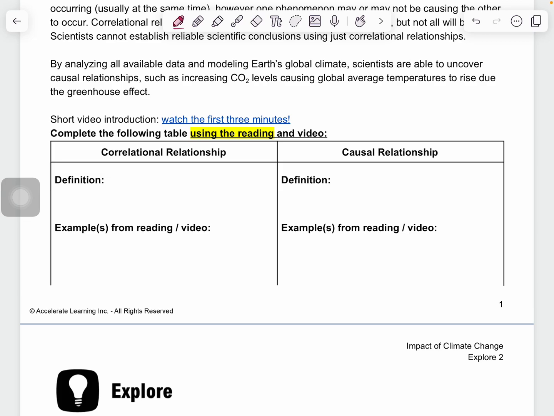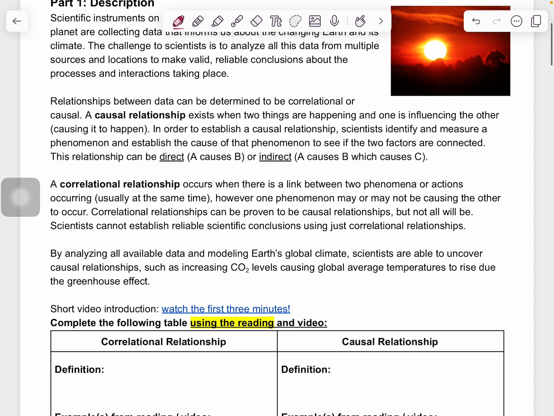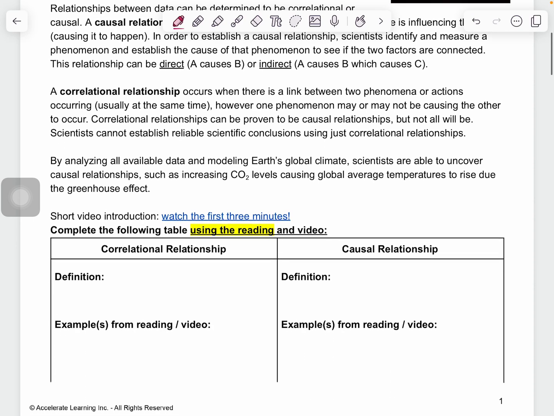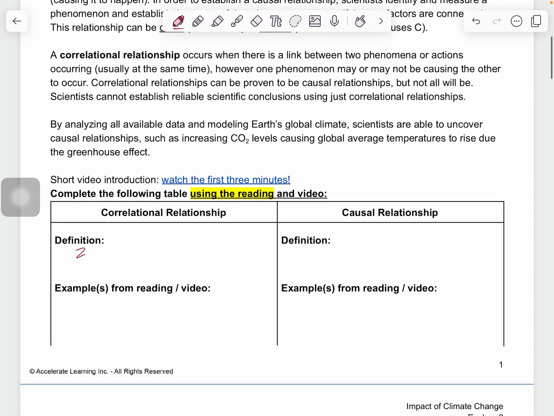Thinking about a correlational relationship, as it's described here and in our notes, what we're thinking about is two sets of data or pieces of information that look connected, and might be, but look connected on the graph.